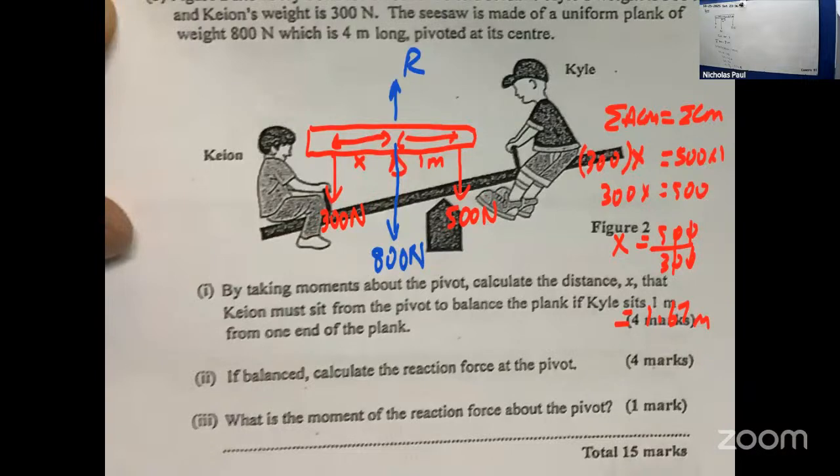So R is equal to 300 plus 500 plus 800, right? Upward equals downward. So the answer for part 2 will be 1600.